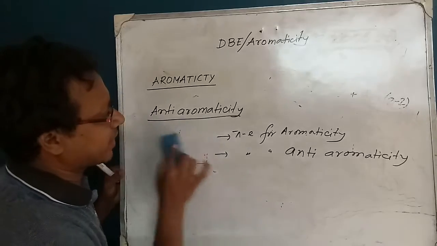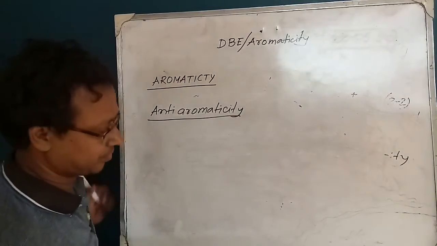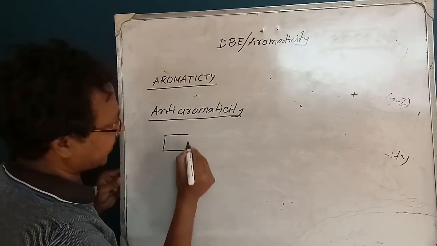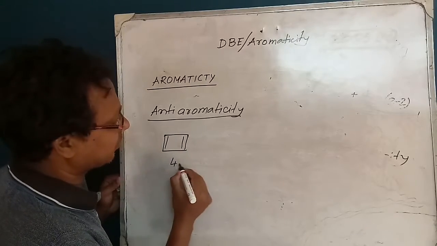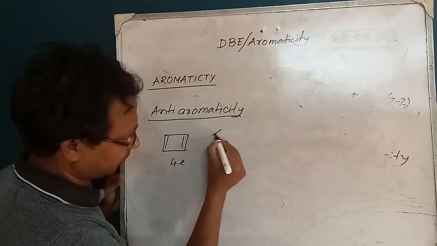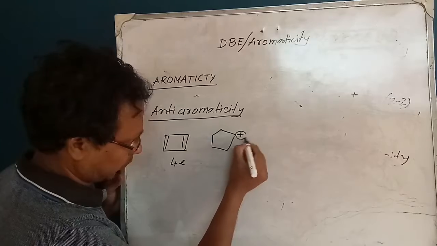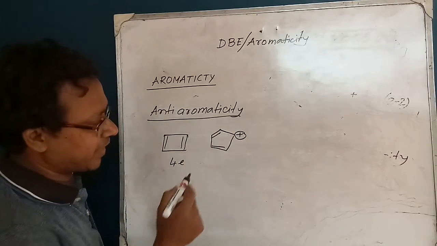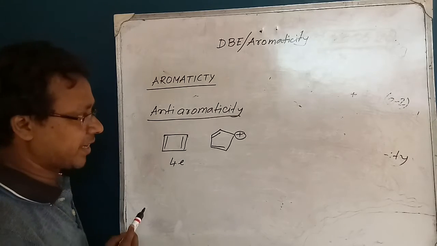anti-aromatic. Look at here. This has 4n, 4 electrons. Look at here. All are in the same plane, 4 pi electrons, anti-aromatic.